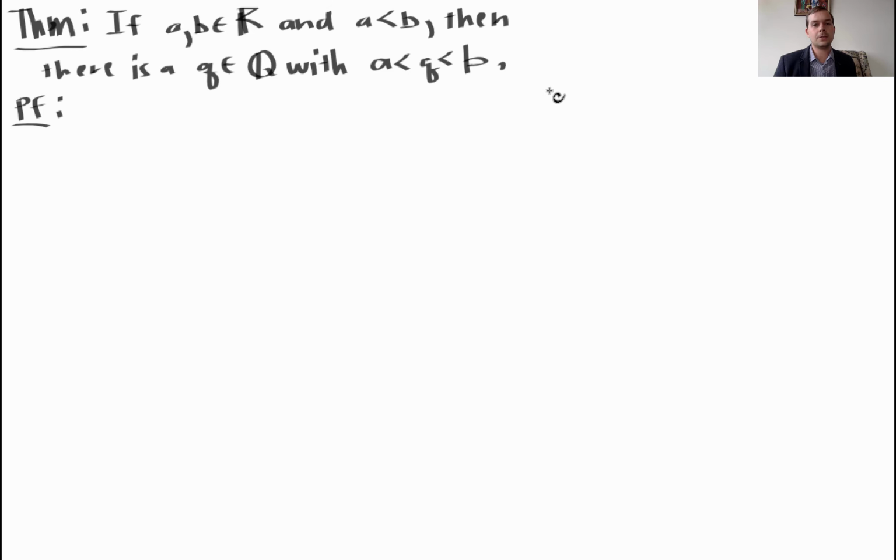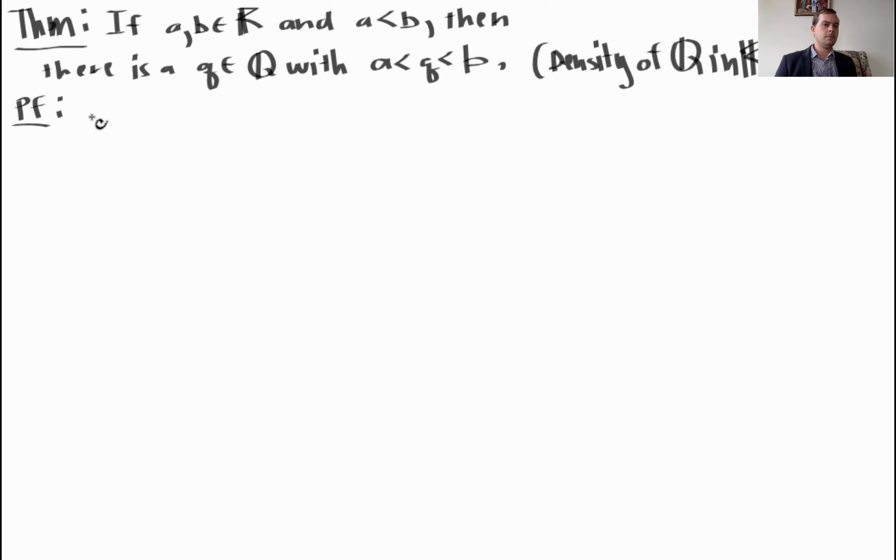And so sometimes this is called the density of Q in R. And this has all sorts of ramifications, but it's telling us something very important about the real number line. In particular, any real number can be approximated arbitrarily well by a rational. That's a very important property.